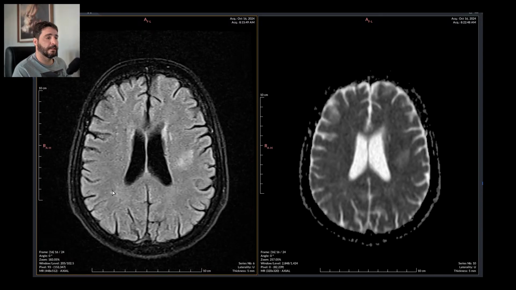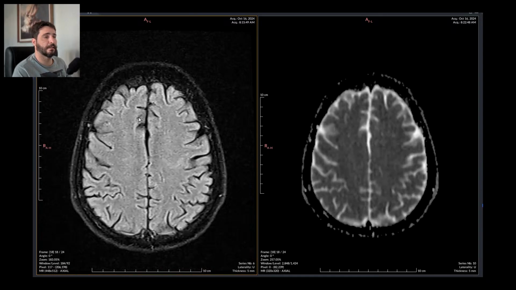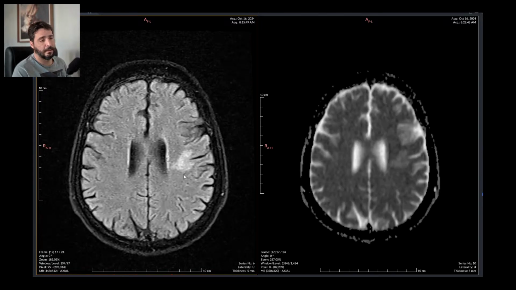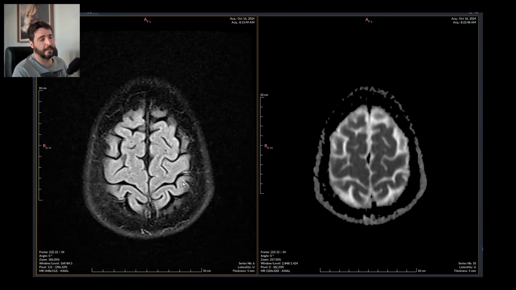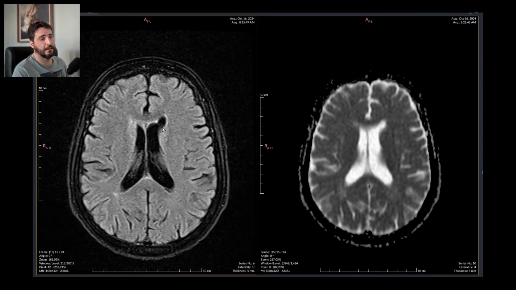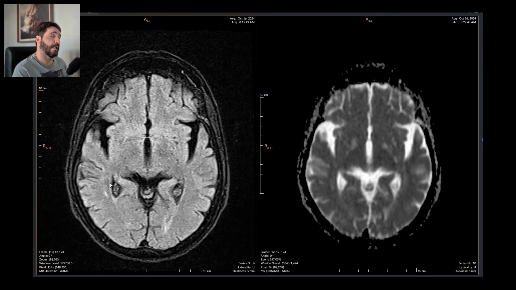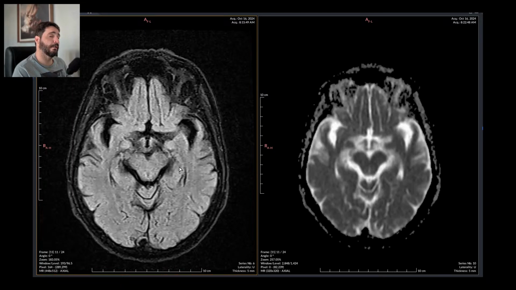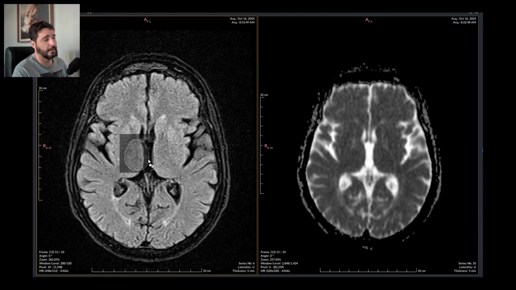Oh, there are some tiny spots of chronic microvascular disease right there. This is the Fazekas 1. There is mild dilatation of the lateral and the third ventricles.